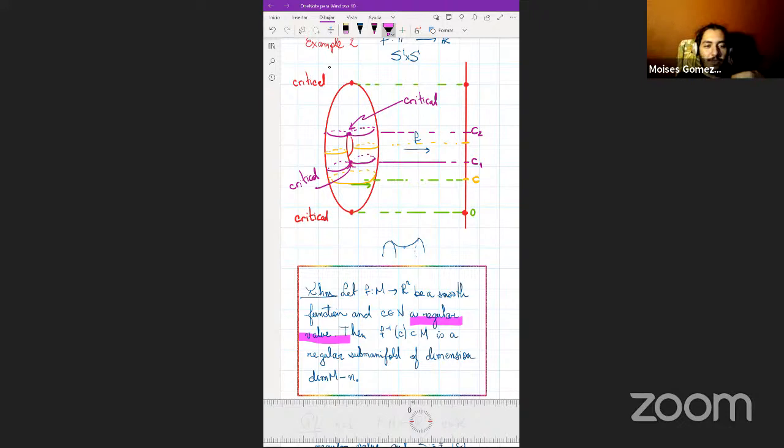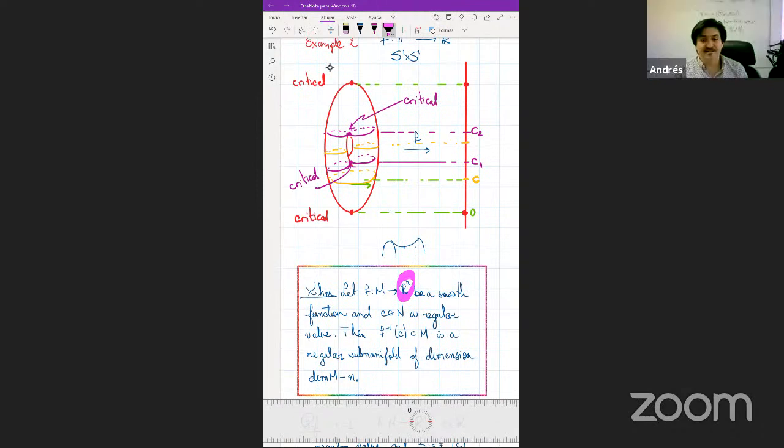Wouldn't C have to belong to Rn in order for the F inverse to make sense? Okay, hold on. So you're arguing about this? Yes, in notation you have that F is from M to Rn, and there you have that F inverse of C is in N. Right, it's the preimage. Oh, no, sorry. So there's a typo here.